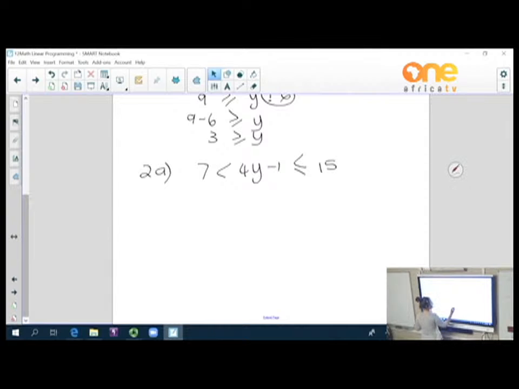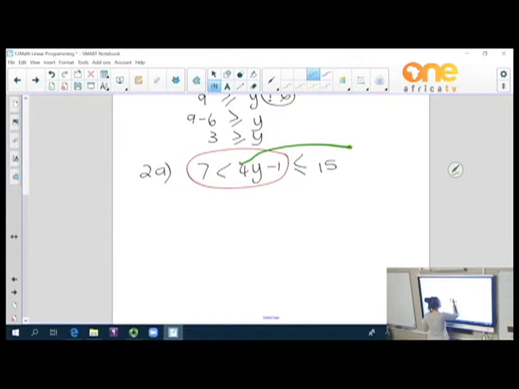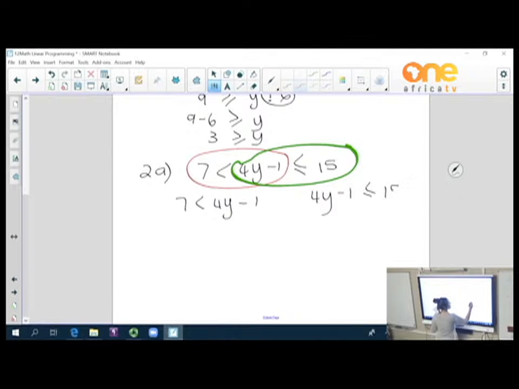Like I said in the previous lesson, we need two inequalities. So there we have our 2, and we will solve them separately.